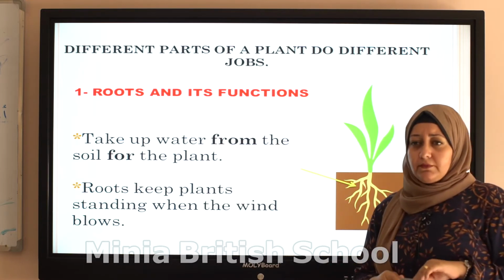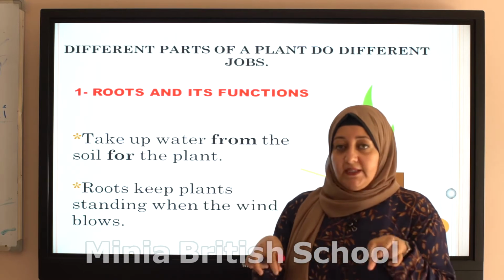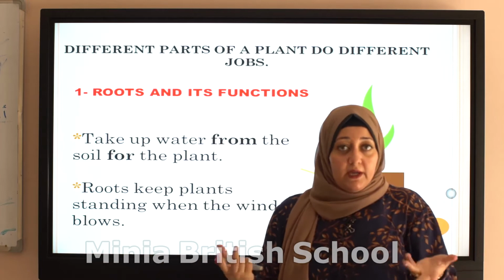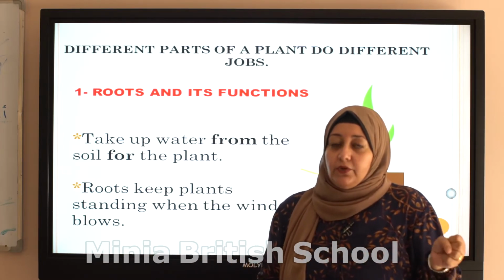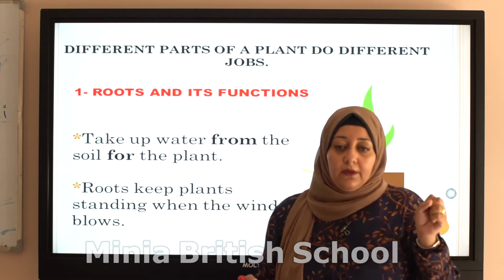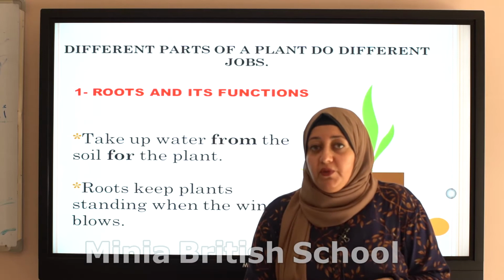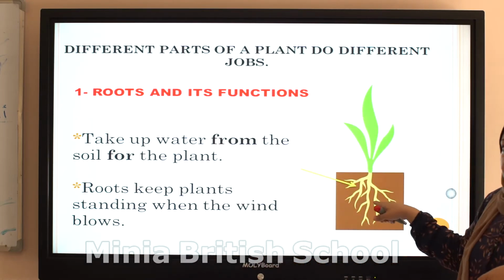Number 2, did you ask yourself before how the plant can stand in the soil? Why, when there are winds around us, or very strong air, why can't this plant move from the soil? Did you ask yourself before why? This is because of the roots, okay?